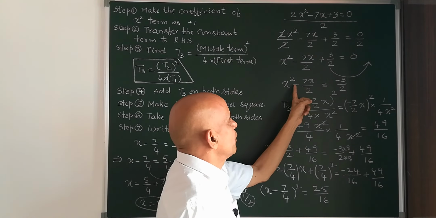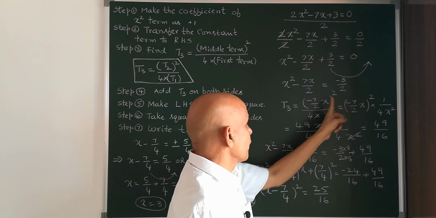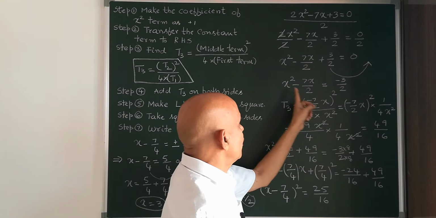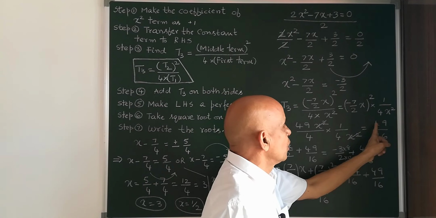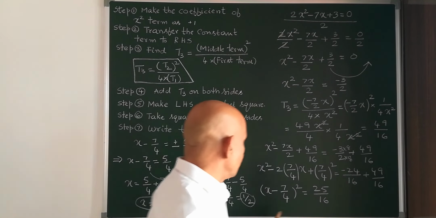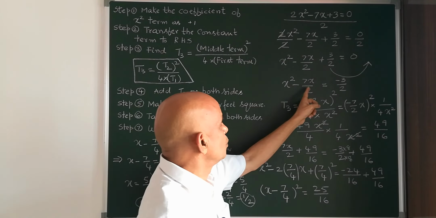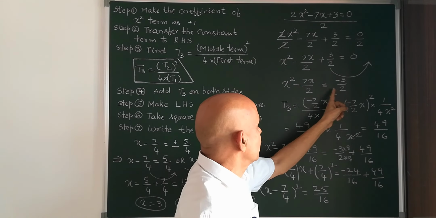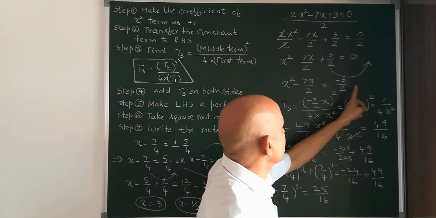Here the second term is minus 7x by 2, so minus 7 by 2 x whole square by 4 into x square, which is the first term. After simplification we obtained this as 49 by 16, which can be written as 7 by 4 whole square. So for this equation, we have to add 7 by 4 whole square on both sides.